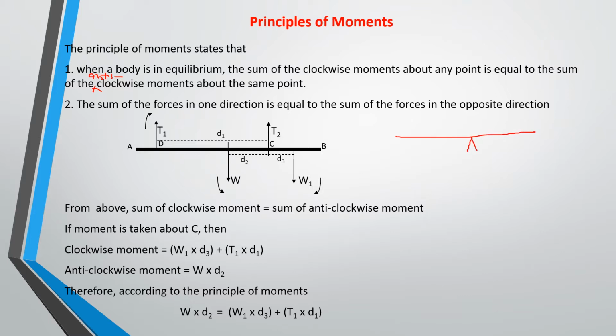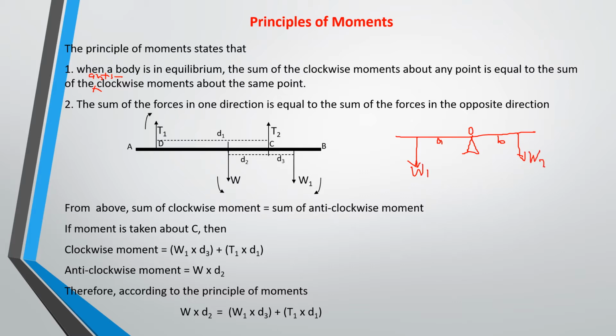Sorry about my drawing. Okay, so maybe we have a weight here, and then you have another weight here. So this is your point of rotation O, your fulcrum. So point of rotation, and then you have a distance, maybe let's say distance A and B. Okay, so you have weight 1, and then you also have weight 2.